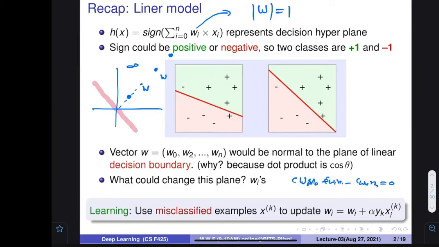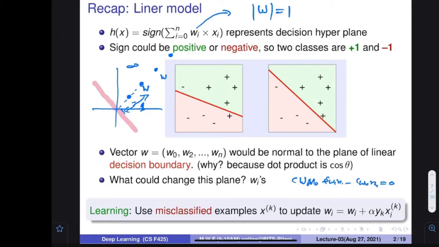But what it ensures is that you are going to get a unique W for which you are hunting. It says that I would pick only that particular W whose norm is going to be 1. So it would be a unique W. Most of the time, I am not going to write that mod of W is equal to 1, but we assume that mod of W is going to be 1.